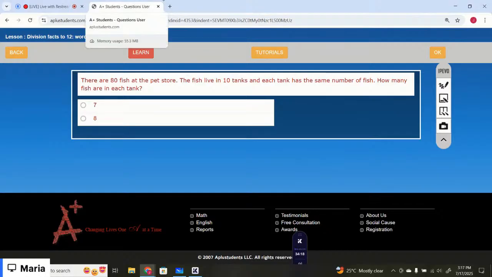So which is the correct option? This 80 divided by 10 is 8. Option 2 is the correct option.